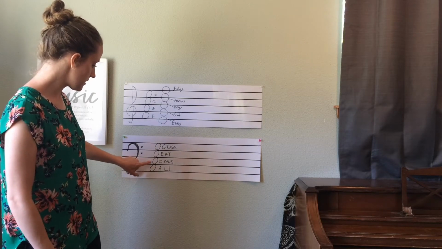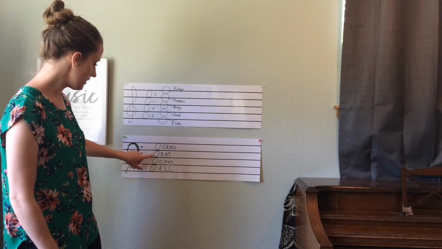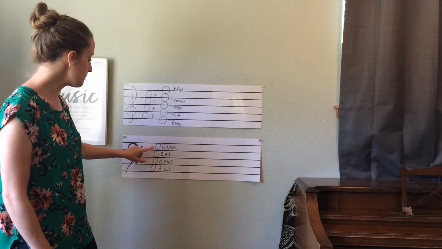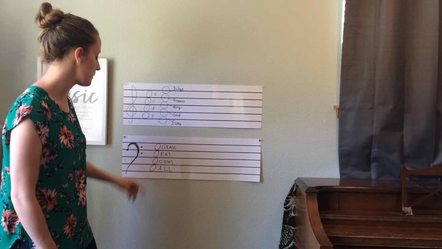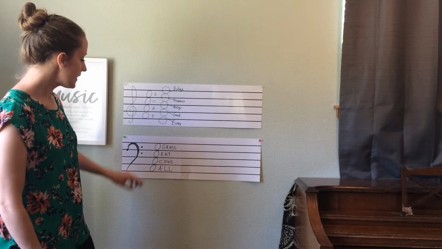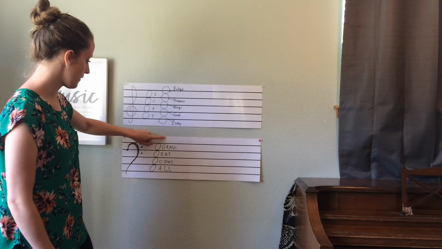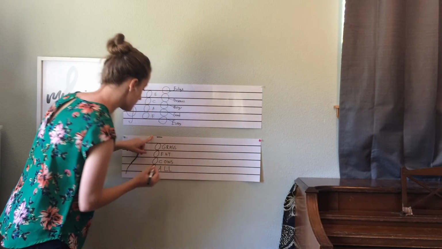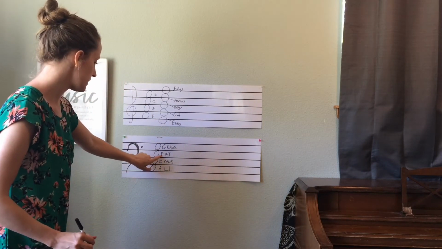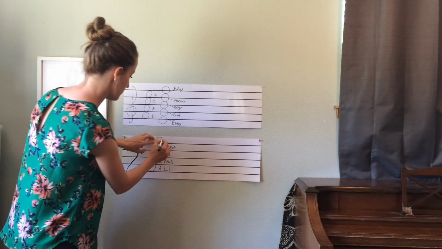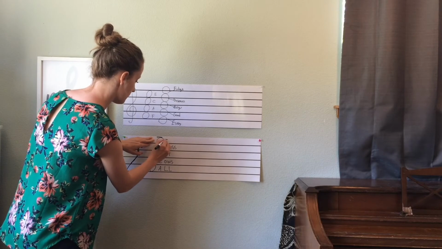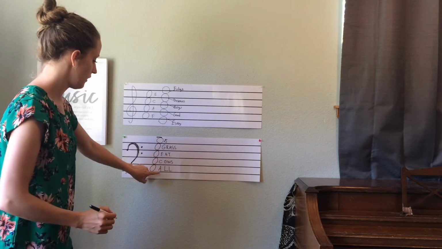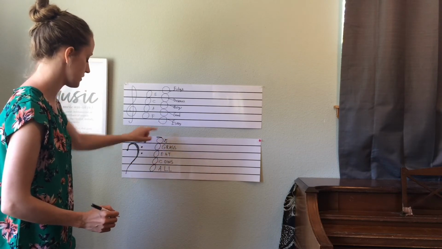A, C, E, G. Now, a fun part of this acronym also is that we can go ahead and add, if we use a ledger line up here, we're going to have an imaginary one, or I'll go ahead and try to fit one in here. Is all cows eat grass before, which would be the B, and then we put a D up here and do before dinner. All cows eat grass before dinner.